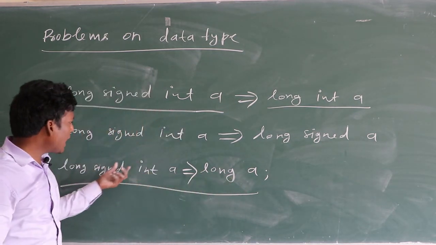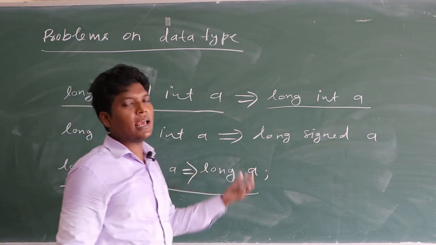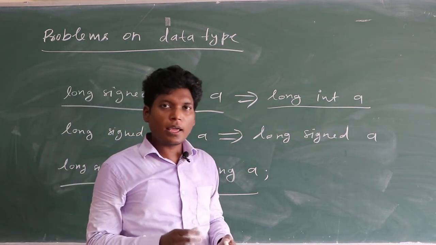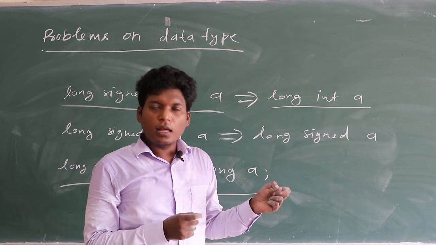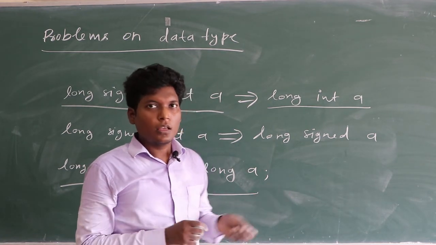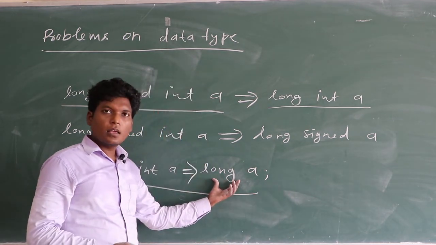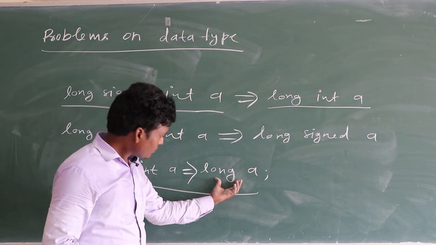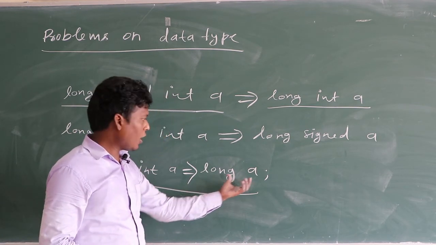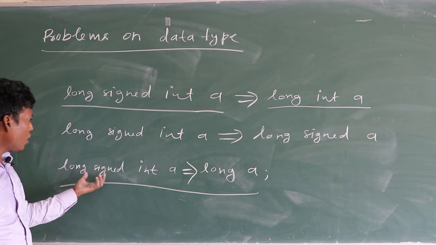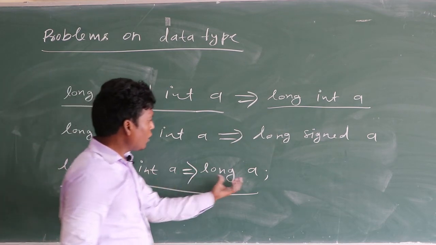Long A has both int and signed features. So this is handy. I think it will be better to write long A. In place of long signed int A, you may choose long A.